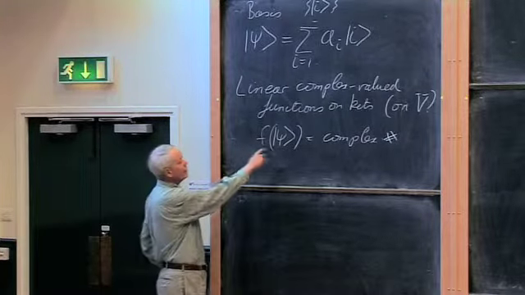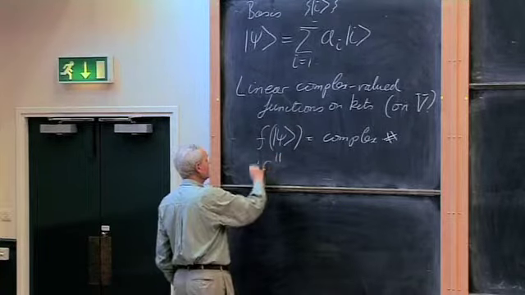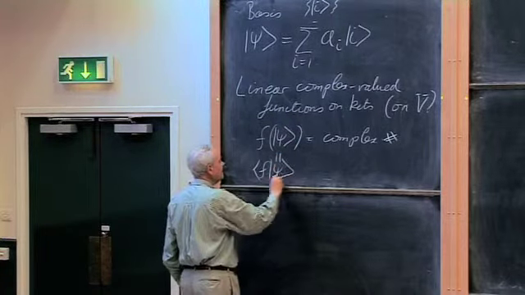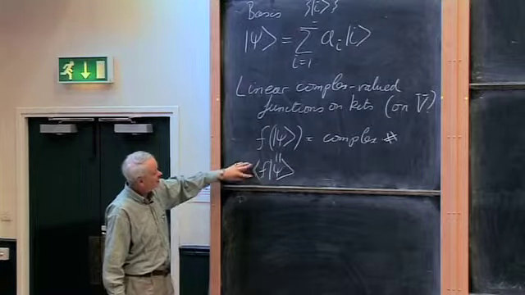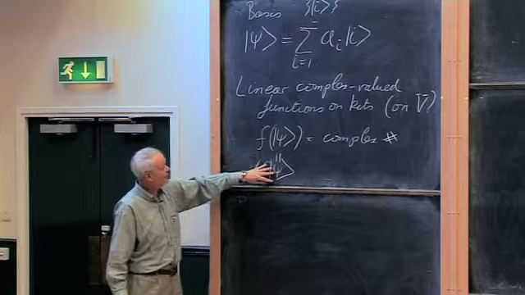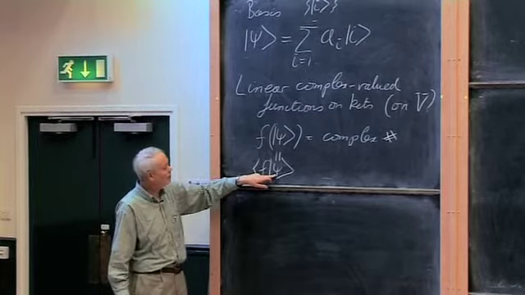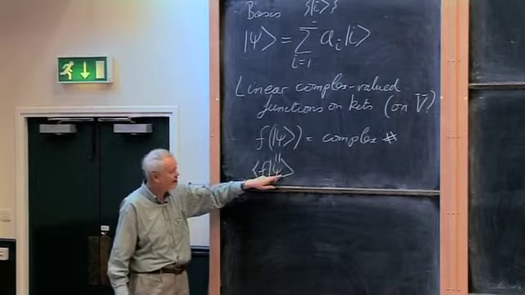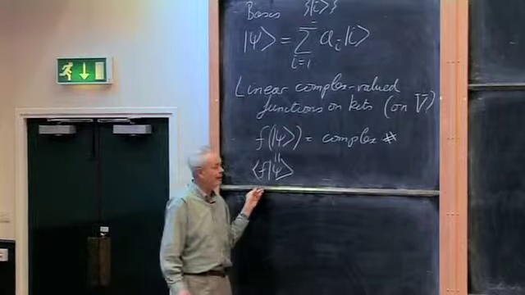And the thing is, we don't actually use this notation. The notation we use is this, but these mean the same thing. Angular bracket opening this way, f of psi. This thing here means the function f evaluated on psi, a complex number. It is going to be interpreted as an amplitude for something to happen.